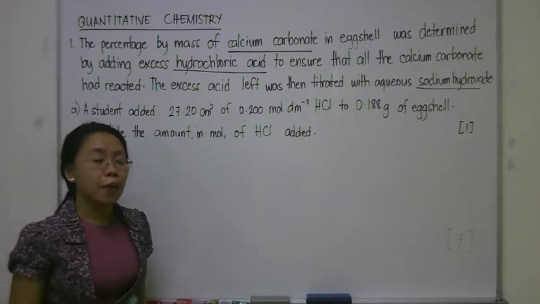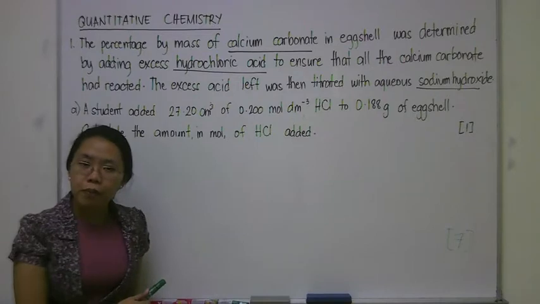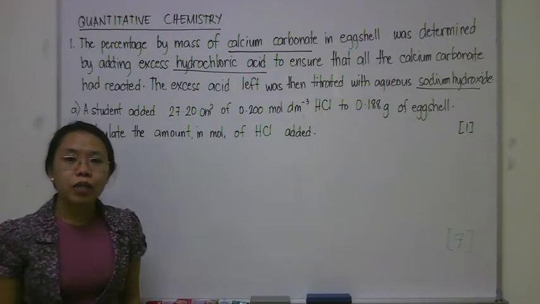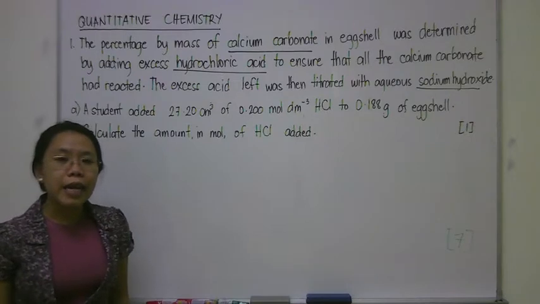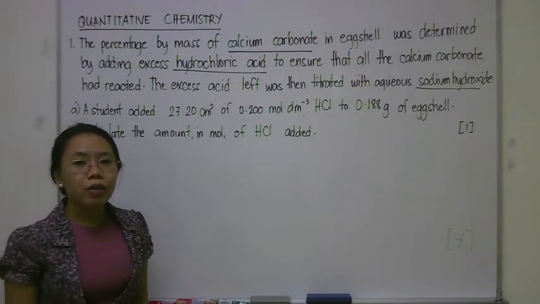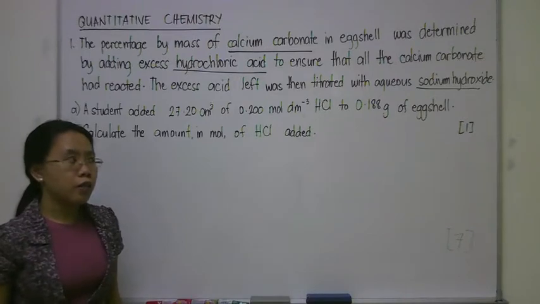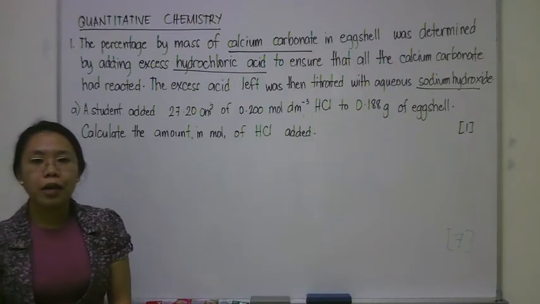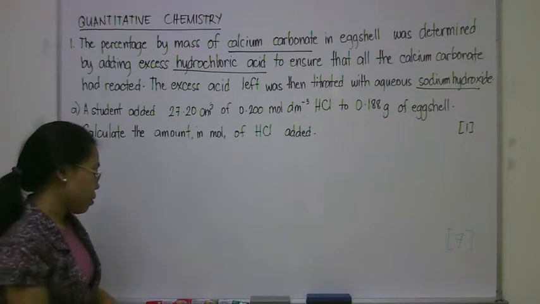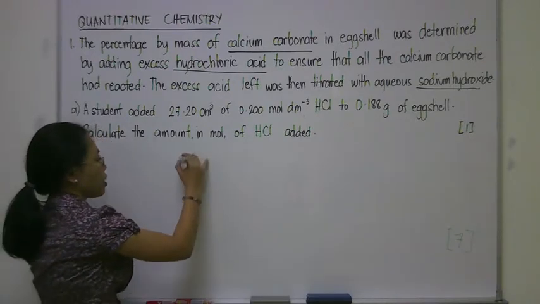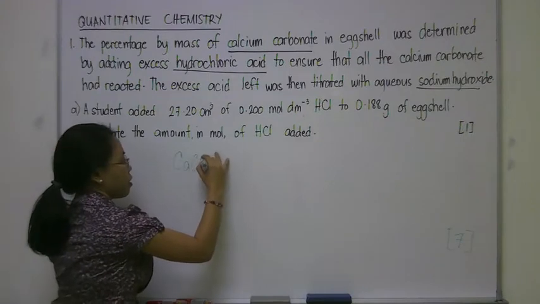write the chemical equation. Let's say, for example, in this problem, calcium carbonate is reacted with excess hydrochloric acid, and then the remaining hydrochloric acid is titrated with sodium hydroxide. Okay, so this is an example of a back titration. The first step, as I've mentioned earlier, is to write the balanced equation.